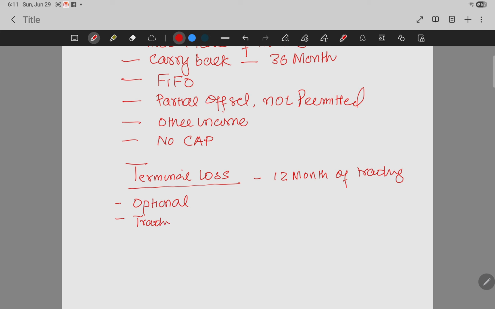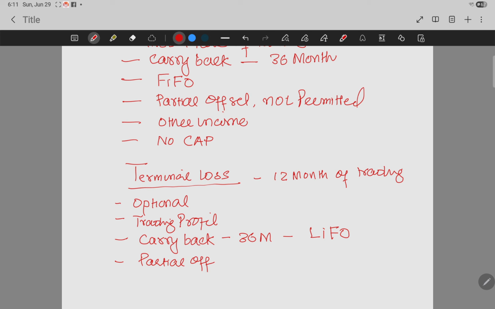Against trading profit, you can carry back against trading profit. Time limit is 36 months. Order is now last in, first out, not first in, first out. Partial offset is not allowed.